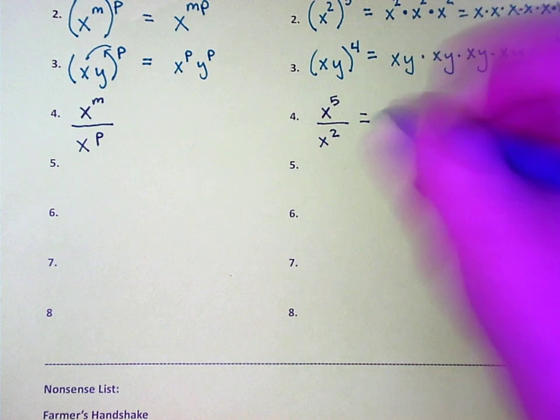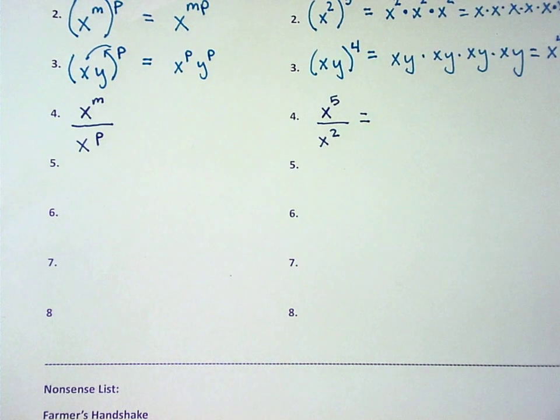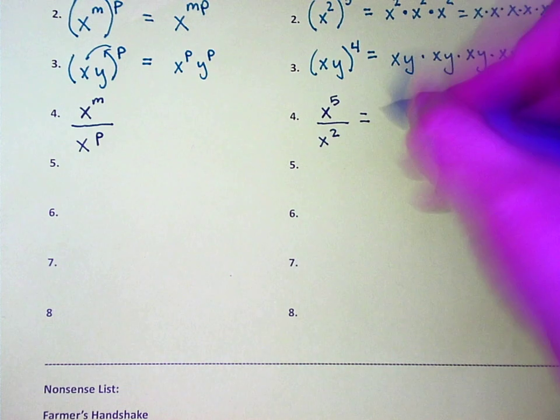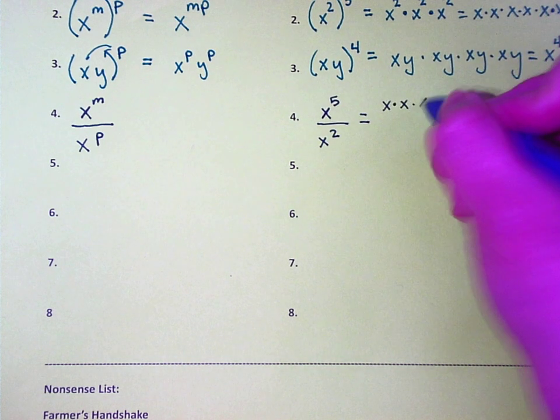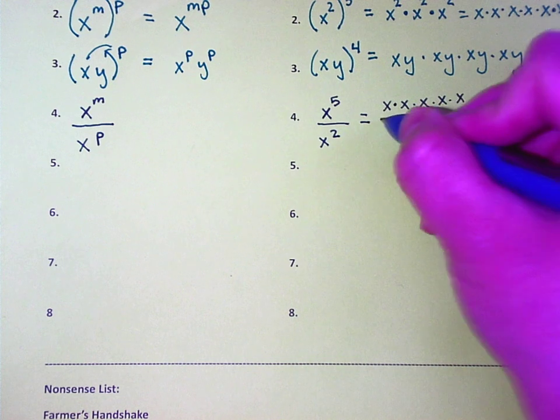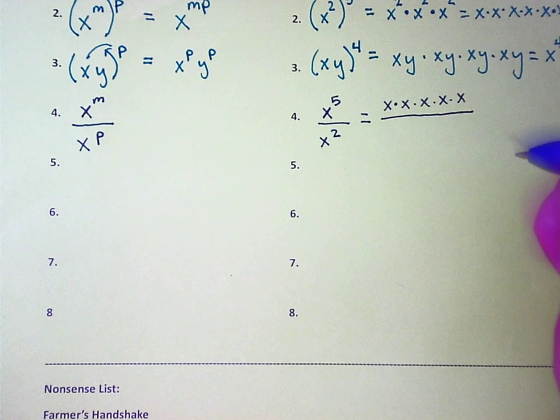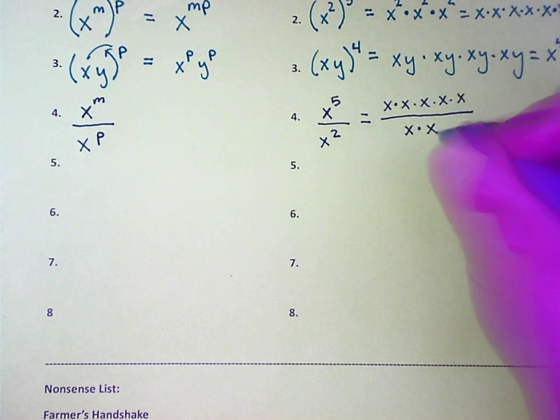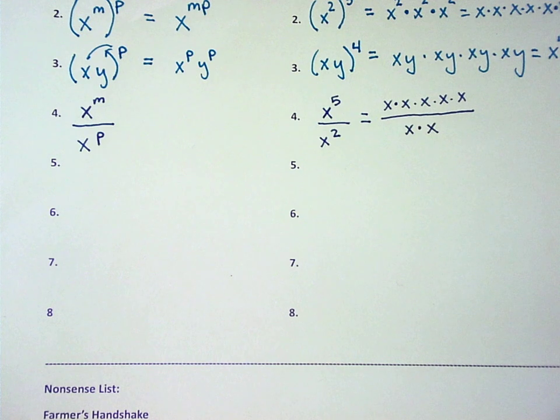So what's x to the 5th the same thing as? 5 x's, so x times x times x times x times x over x times x. How do I simplify that?